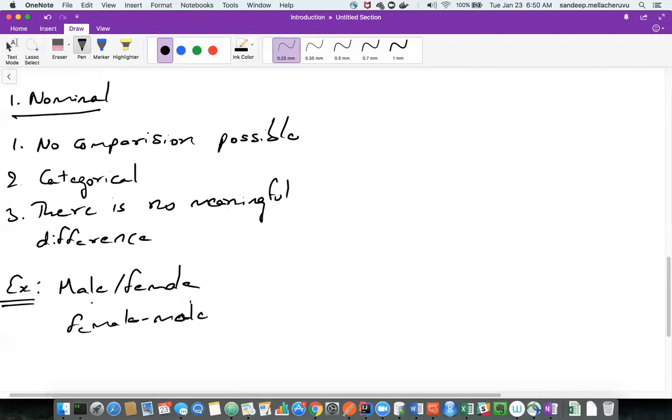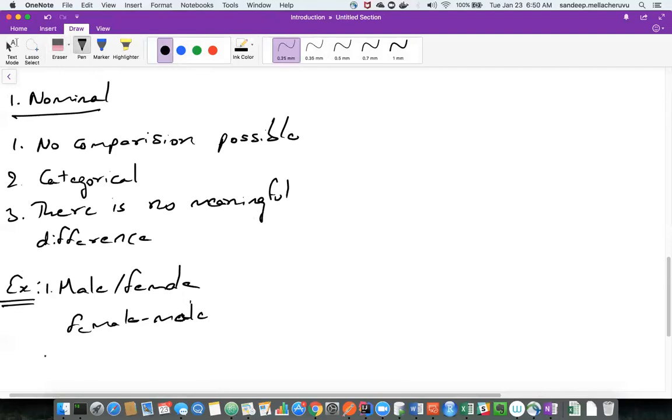If someone asks me, is male greater than female? I would say I don't know. There is no comparison possible within these nominal scale attributes or variables.